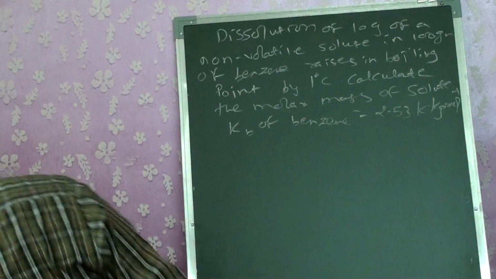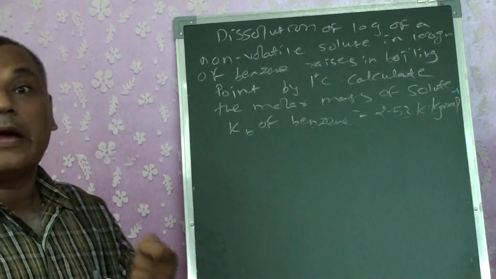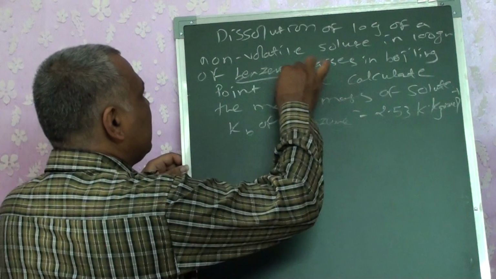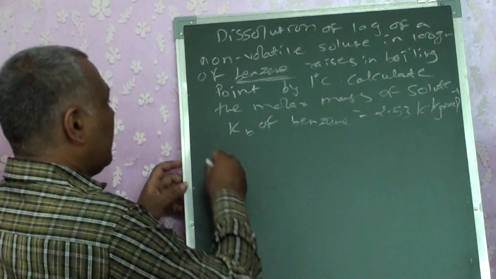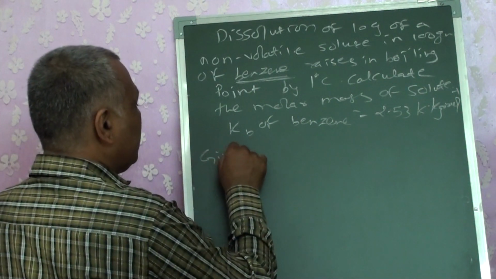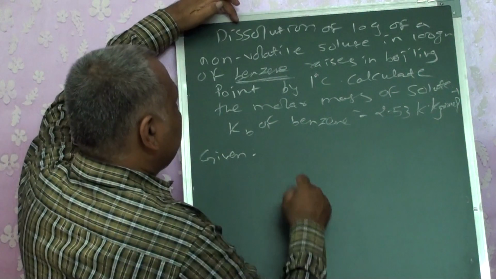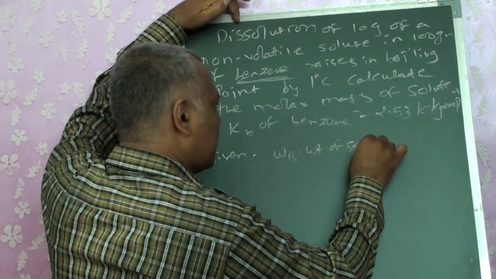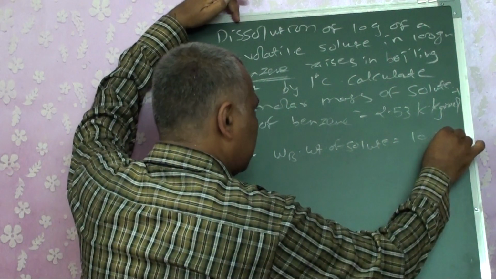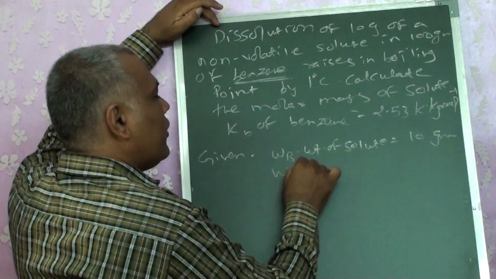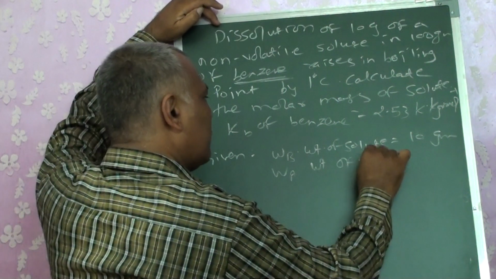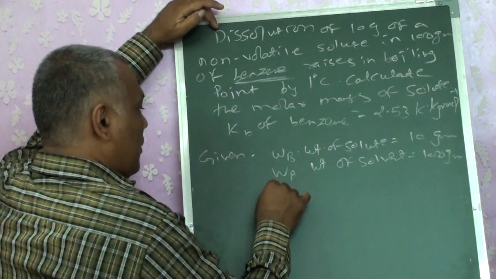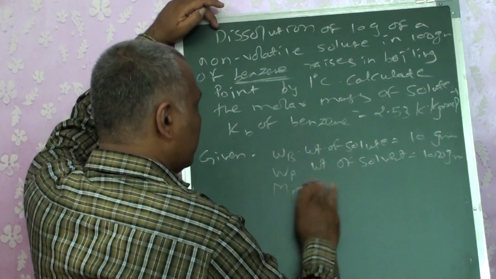Okay, now see, particularly here we have one of the solutions. Benzene is our solvent. Given 10 gram of solute, that means Wb, the weight of solute, is 10 gram, and Wa, the weight of solvent, is 100 gram.